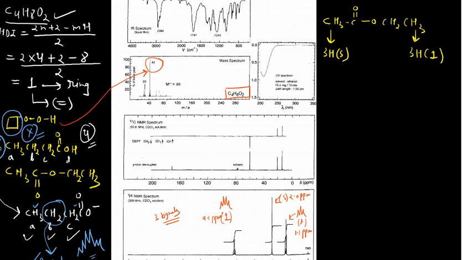Why quartet? Actually, for the terminal CH3 it will give you a triplet. So you can write the triplet here. Why triplet? Because in the neighboring position you are having the 2 hydrogens. If you apply the n+1 rule, 2 plus 1 gives you 3, so it should be a triplet.